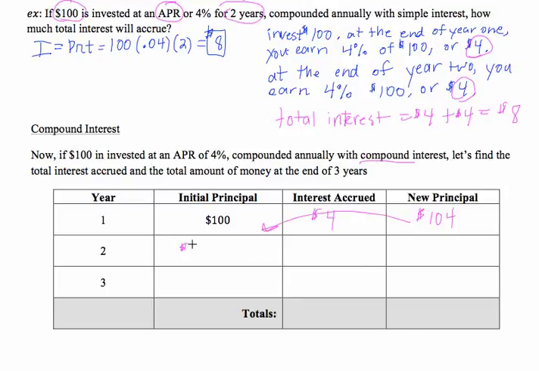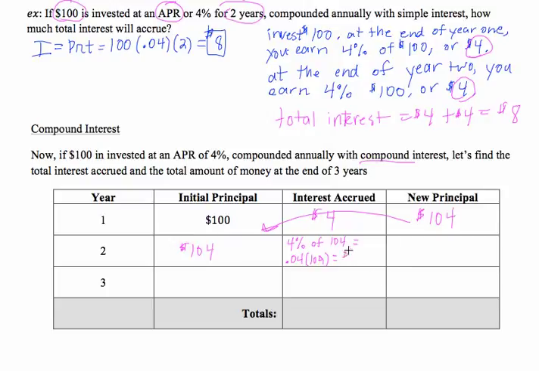So now we have $104, and the next time we accrue interest, we add on 4% of 104, which you would probably need a calculator to do. 4% of 104, that would be 0.04 times 104. 0.04 times 104 gives us 4.16.